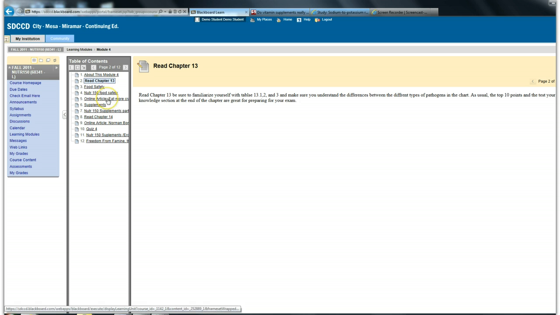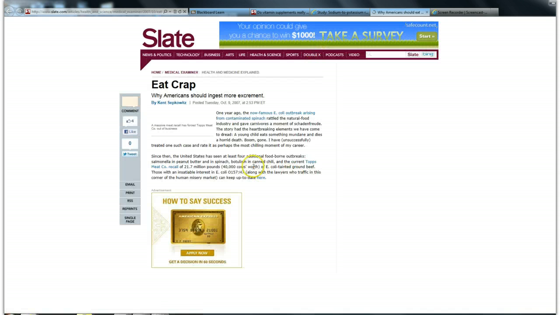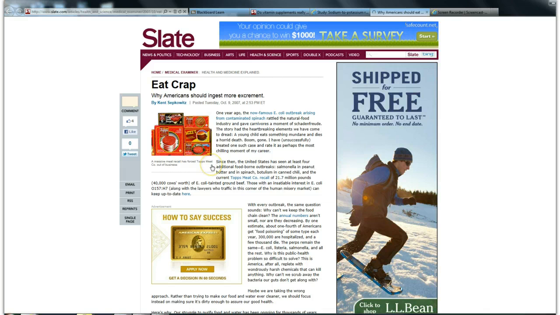I also would like you to read this online article called Eat More Crap. It's an article about how we try so hard to keep the poo out of our food when it is basically impossible to keep all of it out of the food. And what happens is we've worked so hard to keep our food clean that we then have no tolerance to when anything bad does get into the food.